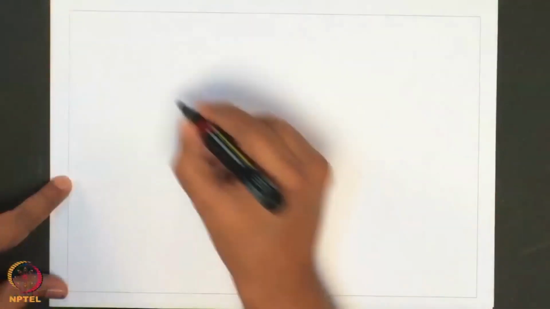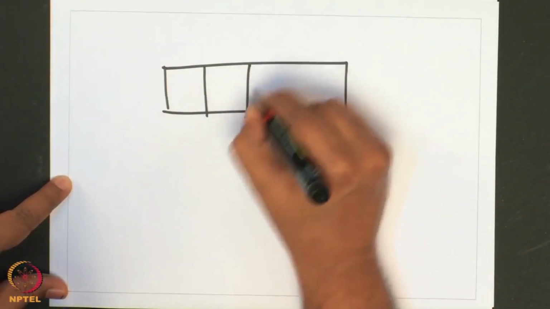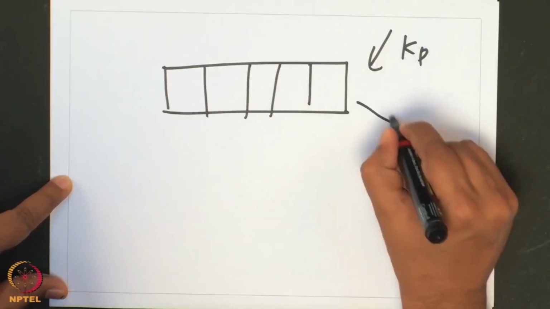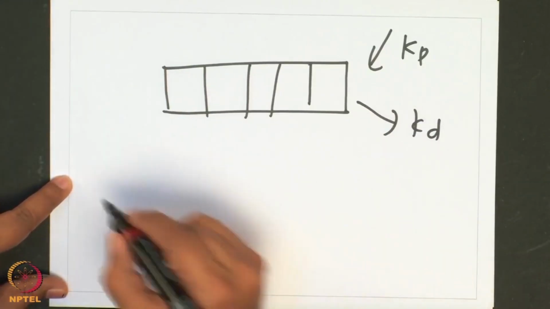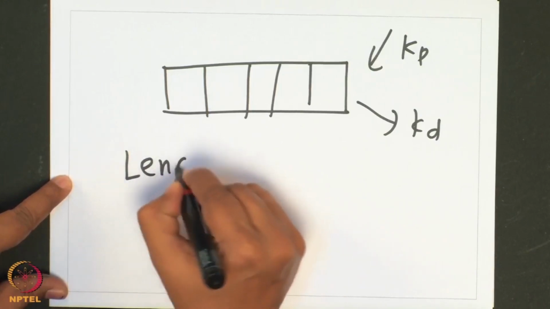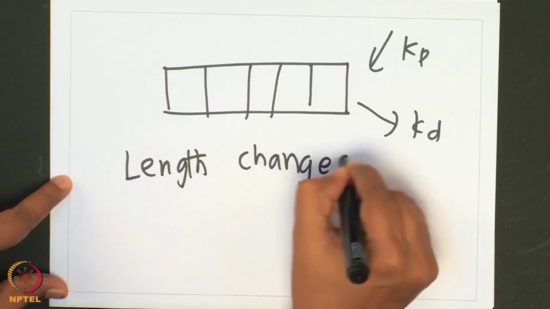The phenomenon that we have to describe is polymerization and depolymerization of actin. You have actin, and this gets polymerized with some rate, depolymerized with some rate, and as a result of polymerization and depolymerization, the length of actin changes.